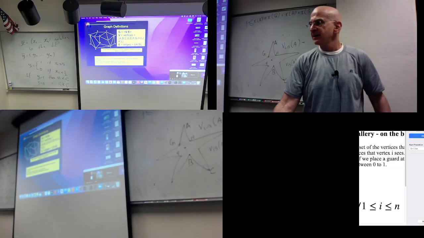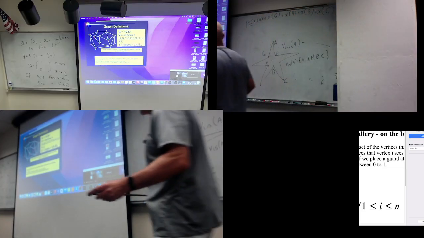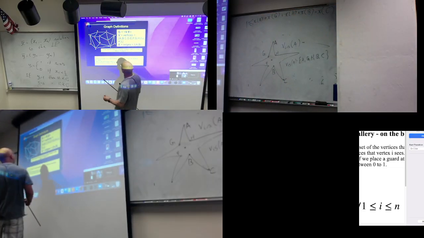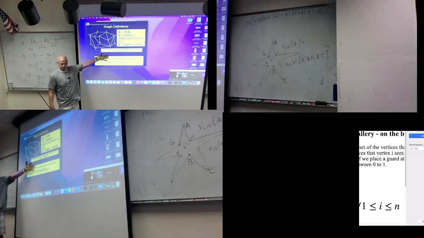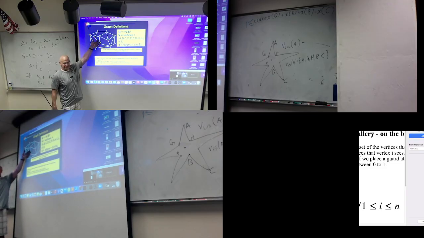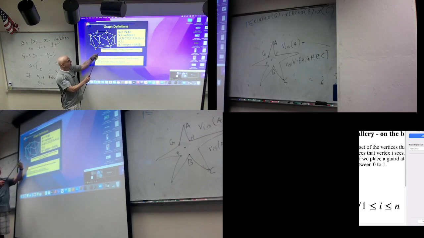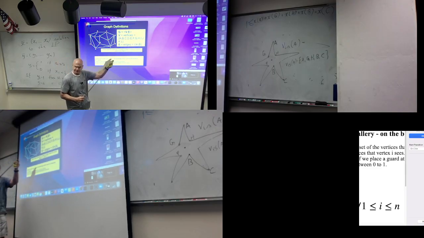We talked about faces. And by the way, it requires a proof, but the graph is an abstract thing. The embedding is the actual painting of this graph. It's where I place it in the plane. If I was drawing it without any crossing, then now I have faces of this graph.